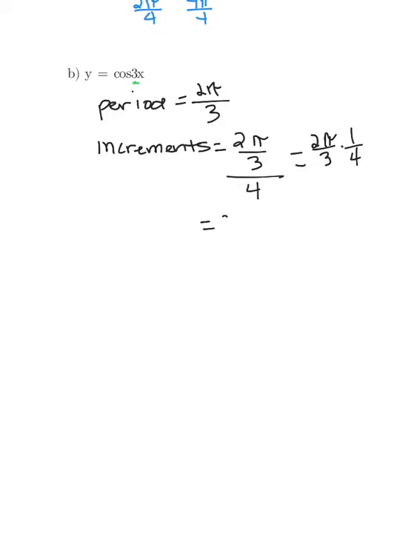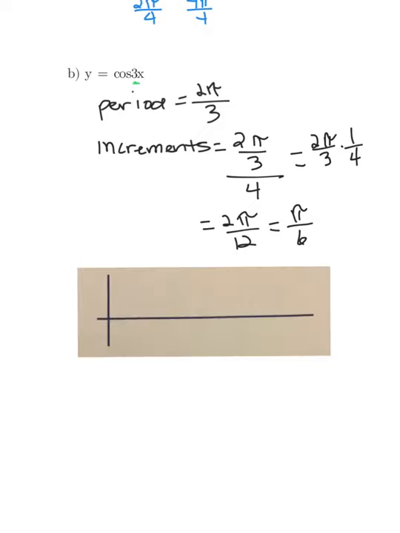So that becomes 2 pi over 12, which simplifies to be pi over 6. So pi over 6 is how we will need to count when we are setting up the labels on our graph. Because there was no A on this problem, our high and low are going to be 1 and -1.